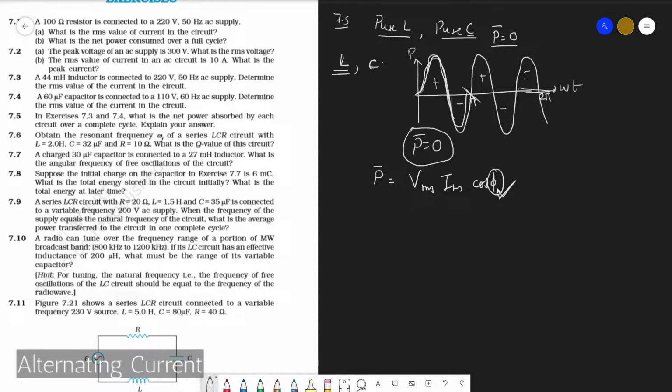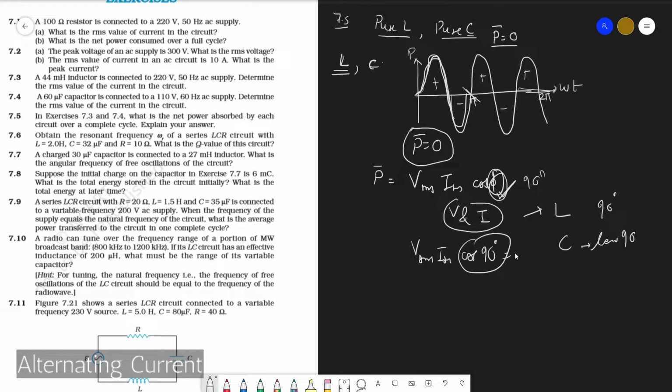The power factor angle means the phase difference angle between V and I. You know that in the inductive case the current lags by 90 degrees, and in the capacitive case it leads by 90 degrees. In either case the phi angle will be 90 degrees, so it means VRMS IRMS cos 90 degrees, and cos 90 is 0. So the average power is 0. This can also be the explanation if we are asked for one, so you can explain it in this particular way.